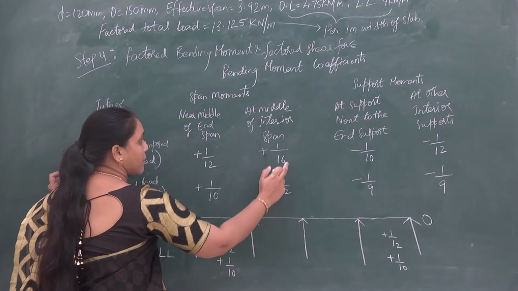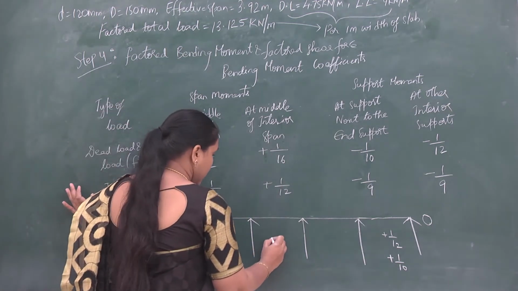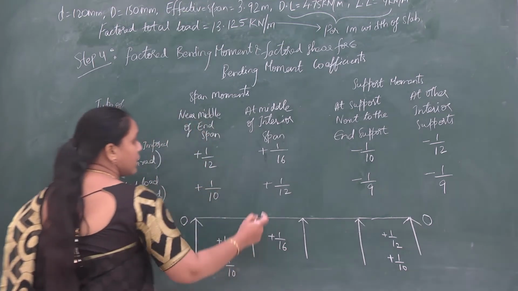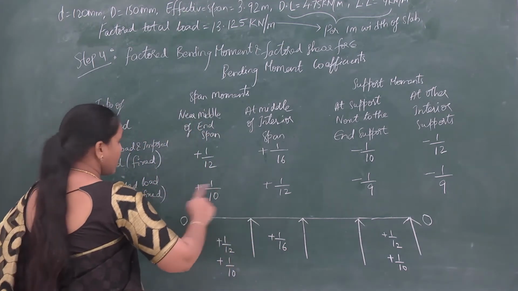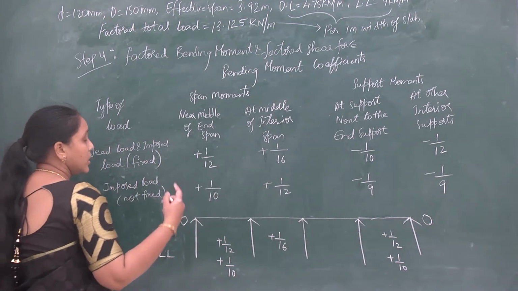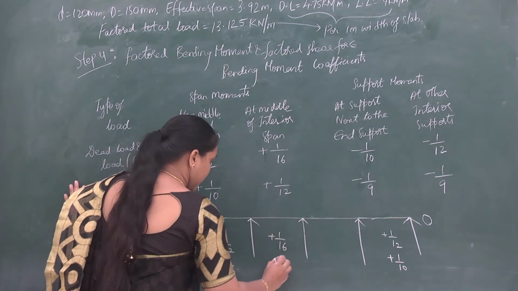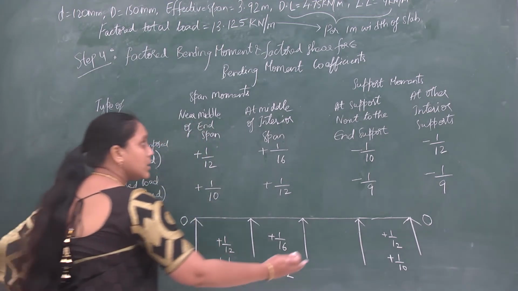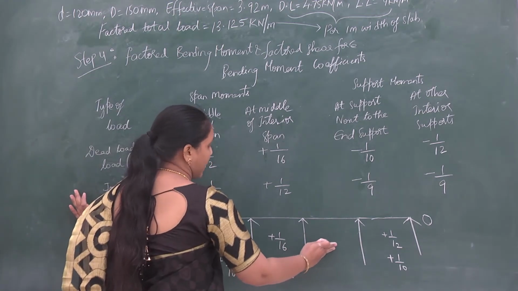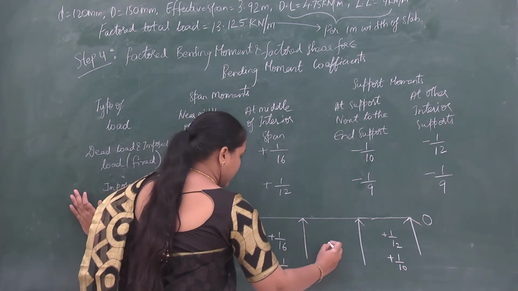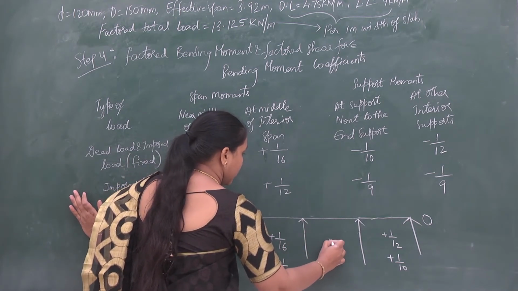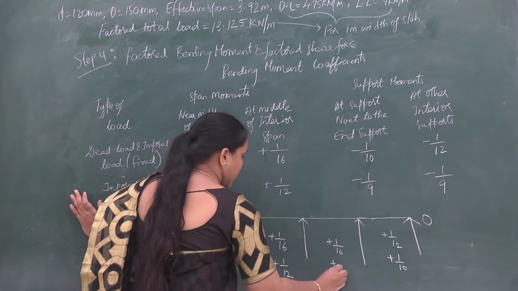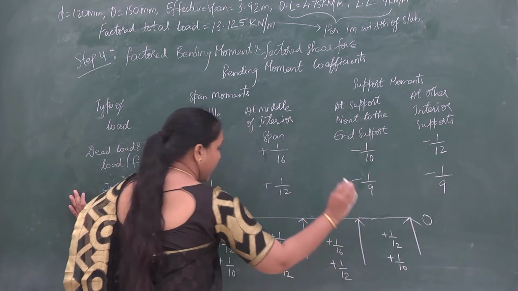It is plus 1 by 16, and for the imposed or live load, the bending moment coefficient is plus 1 by 12. This is also an interior span, so at the middle of this interior span we will have the same values, plus 1 by 16 and plus 1 by 12.